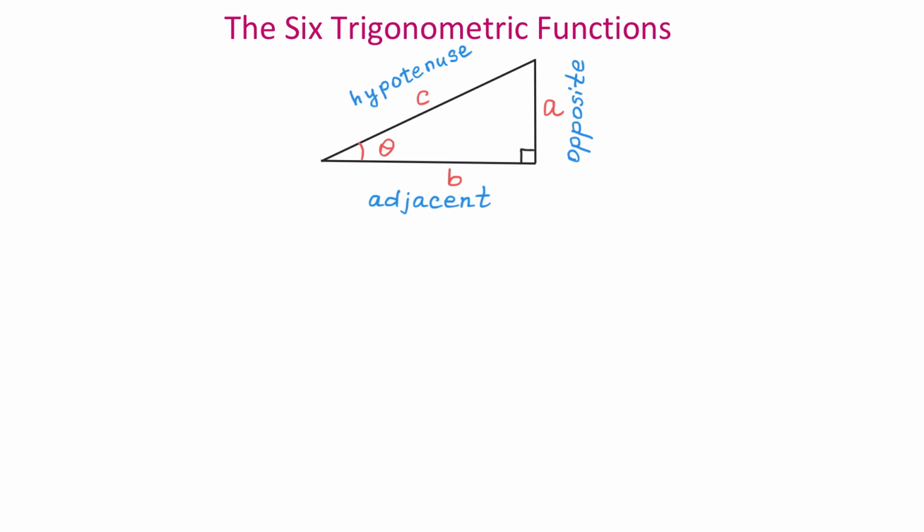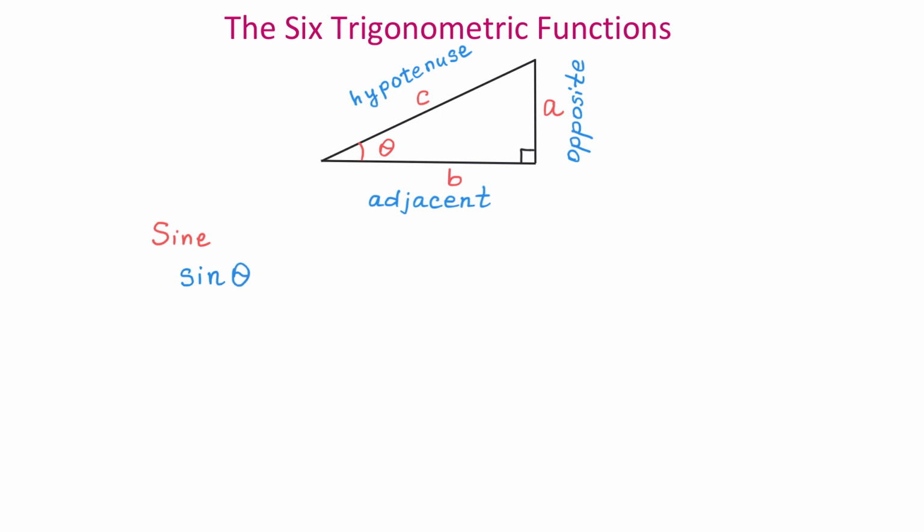Now let's talk about the 6 trigonometric functions. These functions represent ratios of two sides in a right triangle. The first trigonometric function is the sine function. To write this function, we use this abbreviation SIN, and next to it we write angle theta.